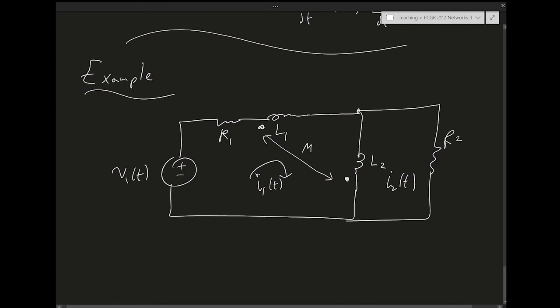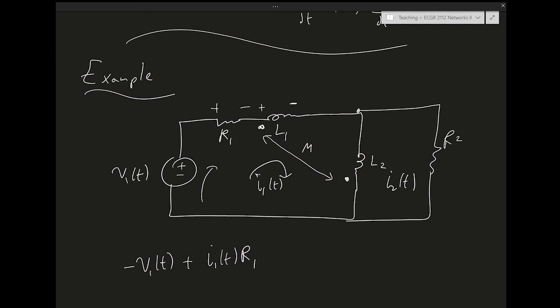Nothing fancy about writing the mesh equations. We just go through the loop. I'm starting from here. So I have minus V1(t), and then plus I1(t) R1, this voltage drop. Then I need to find the voltage across the inductor L1. Because of the mutual coupling, this will have a self component and a mutual component.